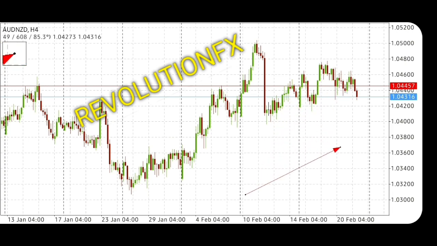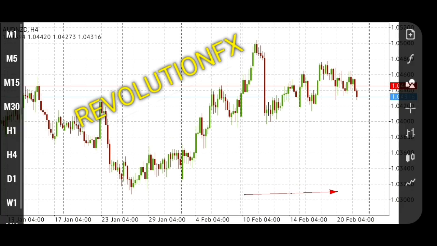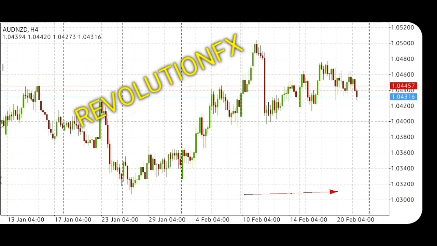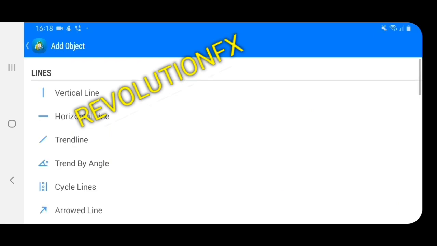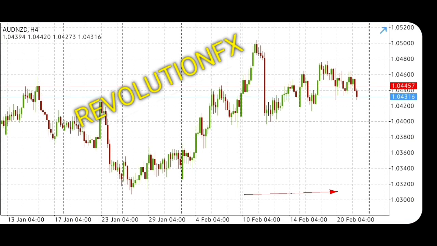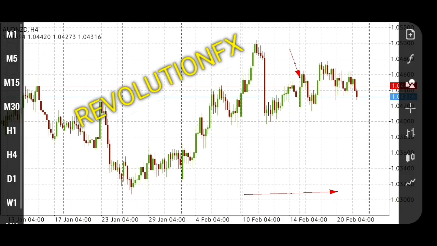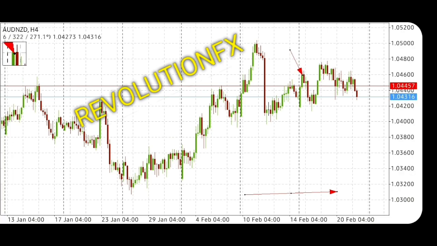Okay, so let's first of all see. We'll use the harmonic patterns, but in this case, the pattern that is there is the head and shoulders pattern. We'll use the head and shoulders pattern. You see? Okay, this is one shoulder.